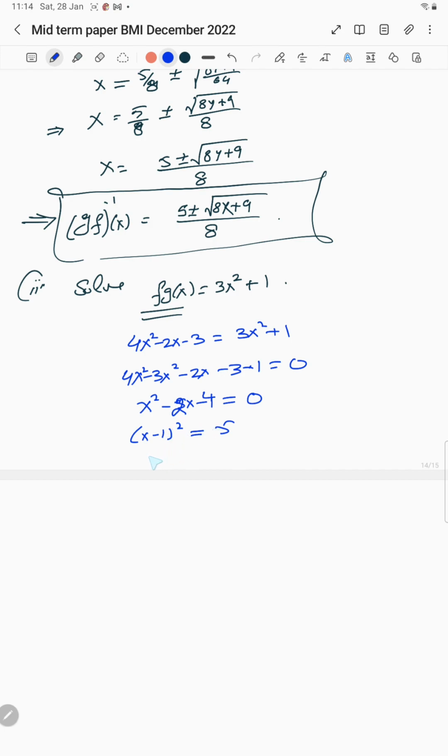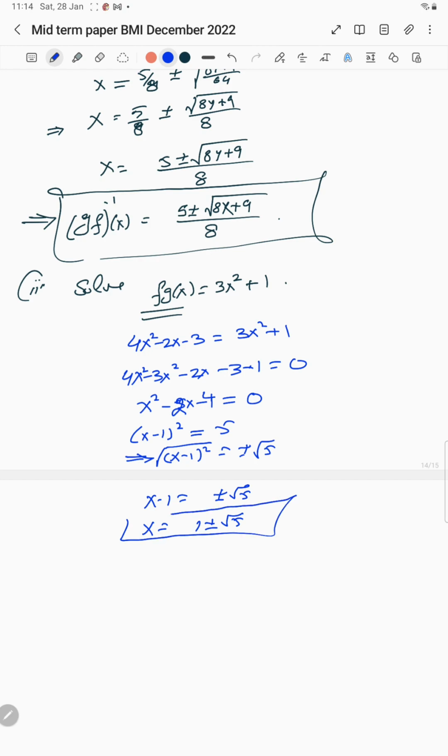So x minus 1 square root is equal to plus minus 5 square root. So x minus 1 equal to plus minus square root 5. So x equals 1 plus minus square root 5. This is the answer, the required answer. I hope everything is clear.